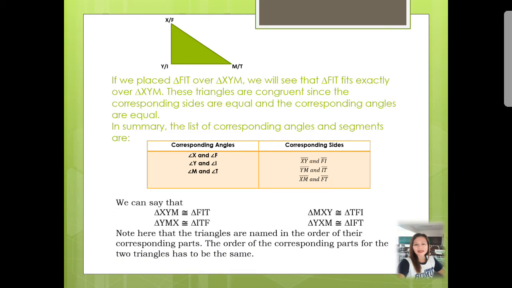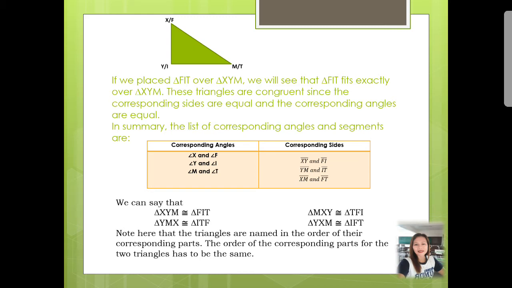Based on the given 6 corresponding parts of a triangle, we can say that triangle XYM is congruent to triangle FIT. Also, triangle YMX is congruent to triangle ITF. Another congruent triangles, triangle MXY is congruent to triangle TFI. And the last one, triangle YXM is congruent to triangle IFT.